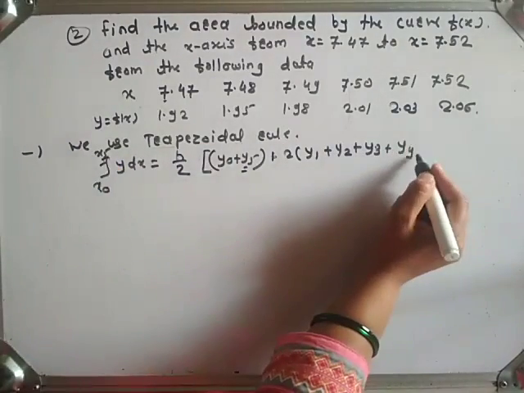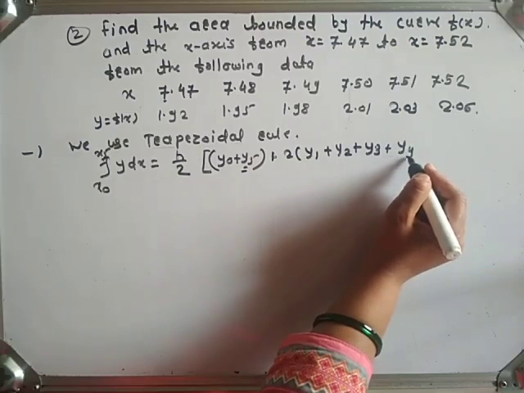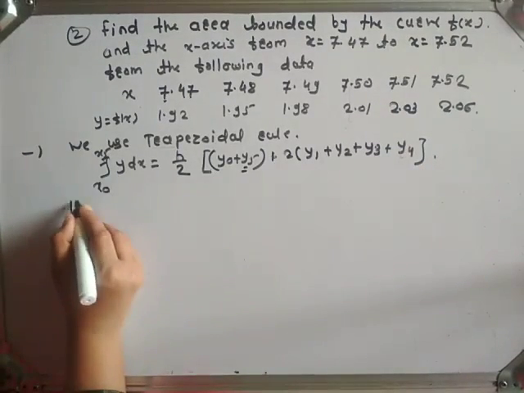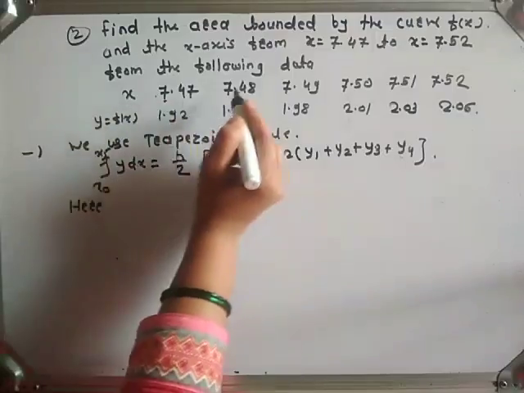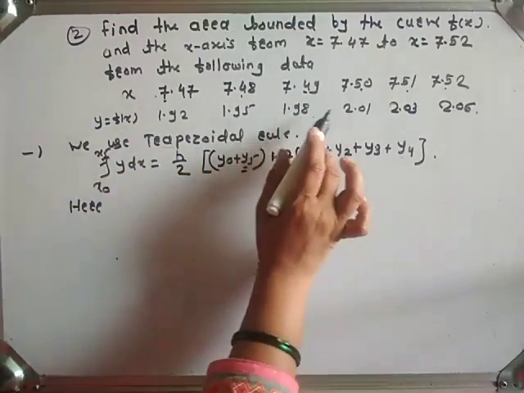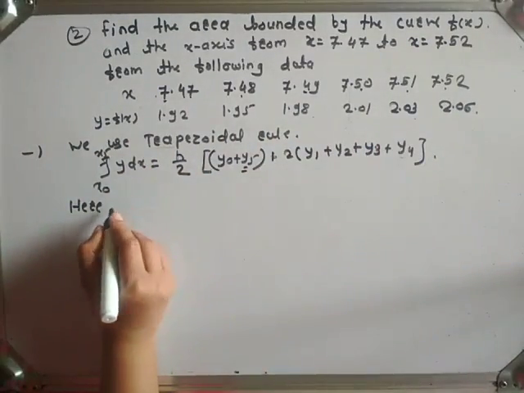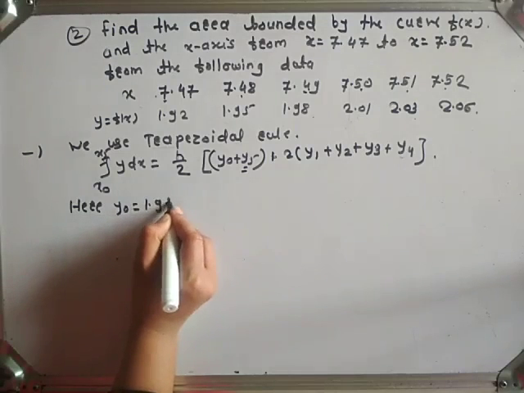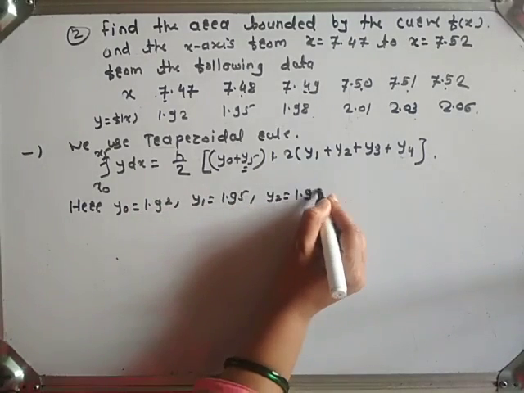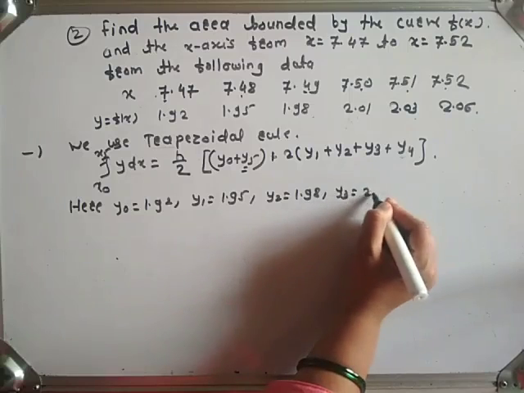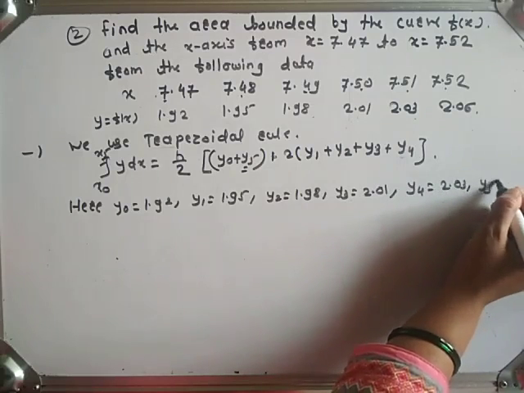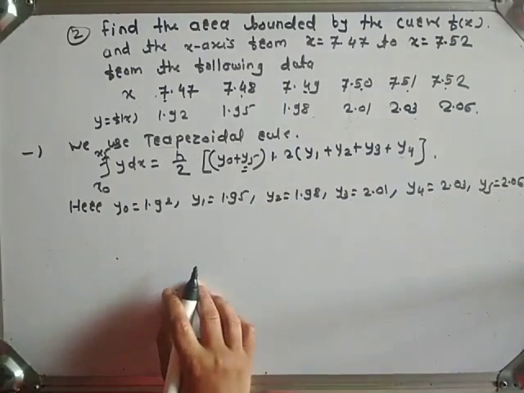Because here n is 5, so we take terms only up to n minus 1. This is x0, x1, x2, x3, x4, x5, so its corresponding values are y0, y1, y2, y3, y4 and y5. So y0 is 1.92, y1 is 1.95, y2 is 1.98, y3 is 2.01, y4 is 2.03 and y5 is 2.06. Okay.